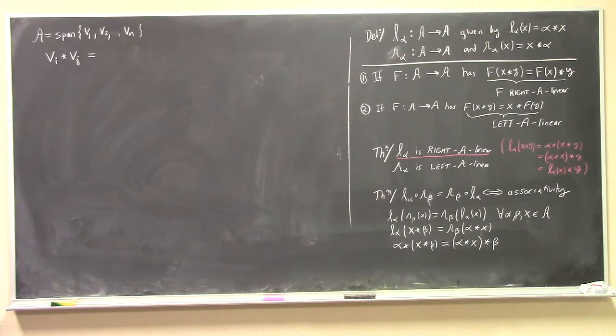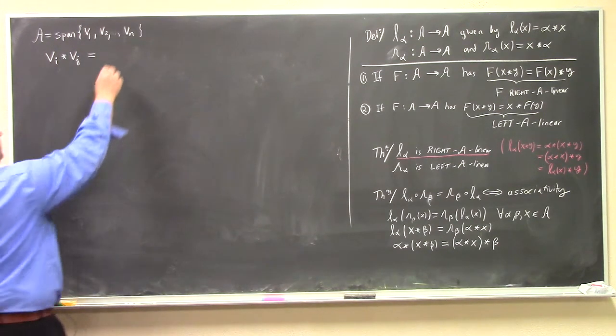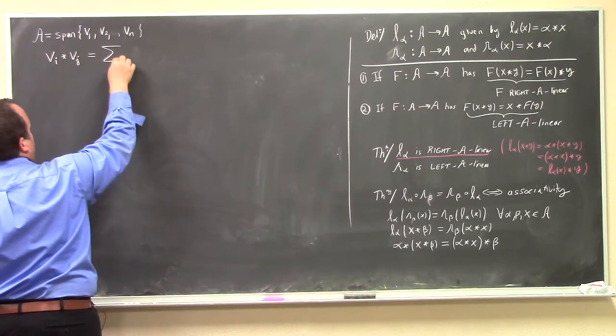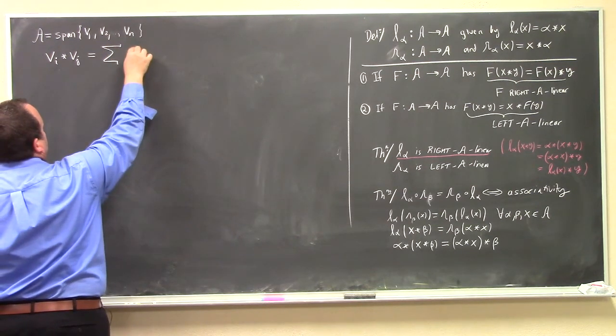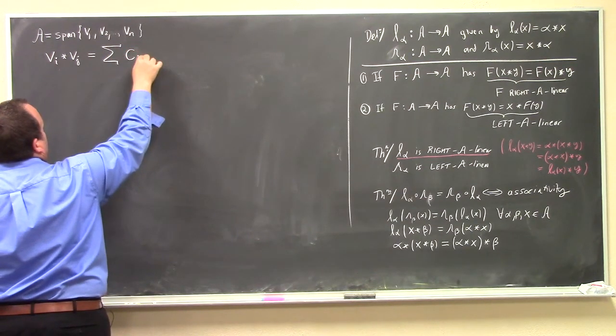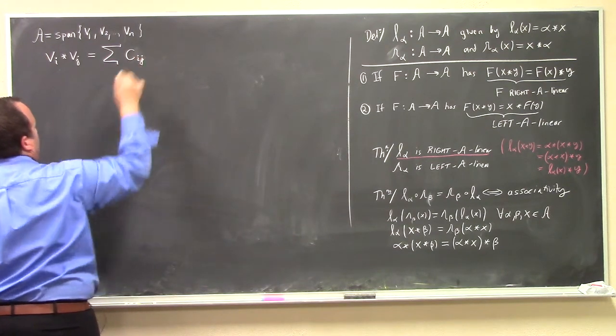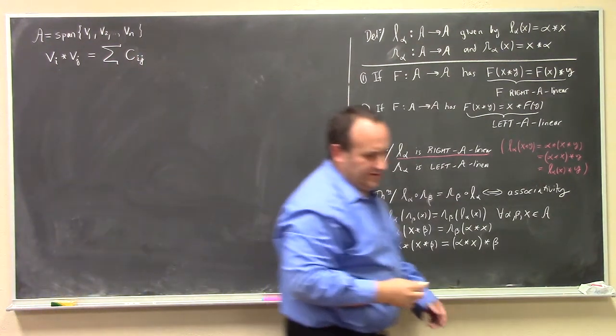So that means that there are constants that we could write it in terms of the basis again, right? And those constants have a special name. They're called structure constants. So I do c_ij, and now I've got to look at my notation.